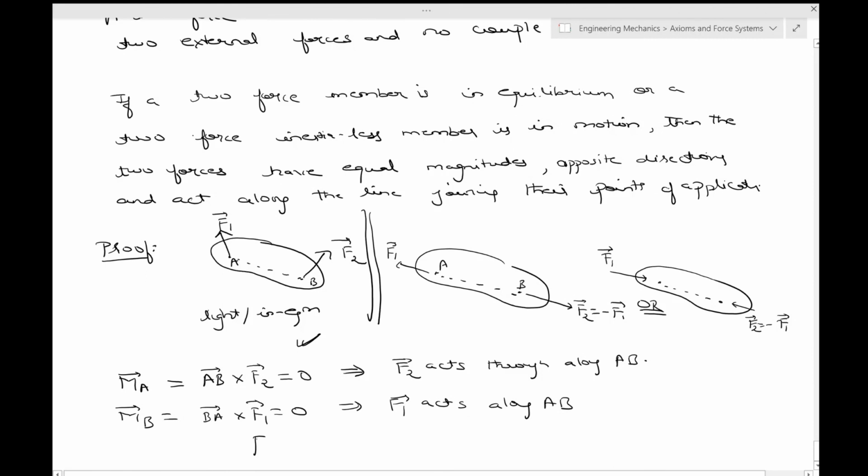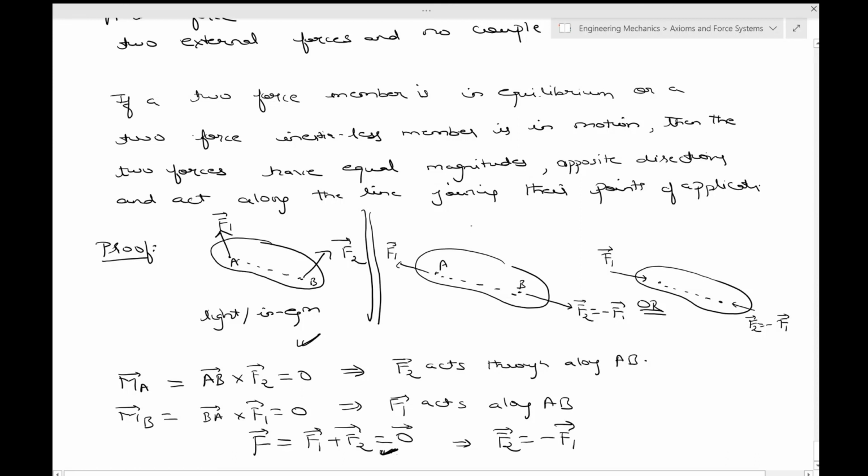Since the summation of external forces, F1 plus F2, is equal to 0, it can be 0 because of two reasons. One is that it is in equilibrium, and secondly it is light, inertialess. So in either of these two cases this can hold true, and this implies that F2 is equal to minus F1. So there are two possibilities.